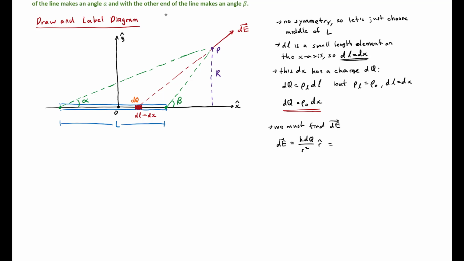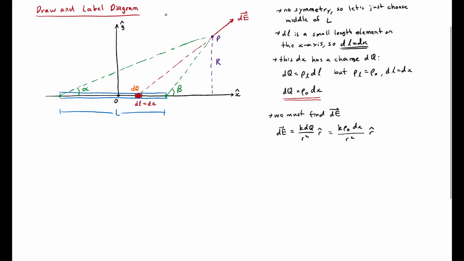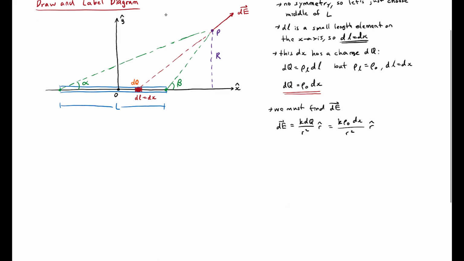We know dq is rho naught dx over r squared, r hat. So we have this, and right now we want to try and simplify it as much as possible so that we can solve for the integral of dE.